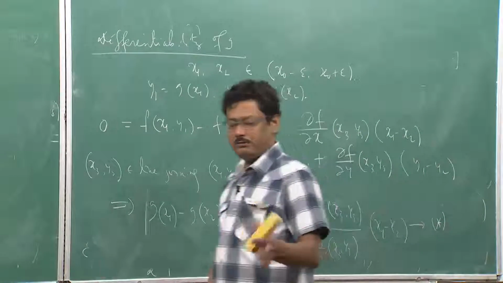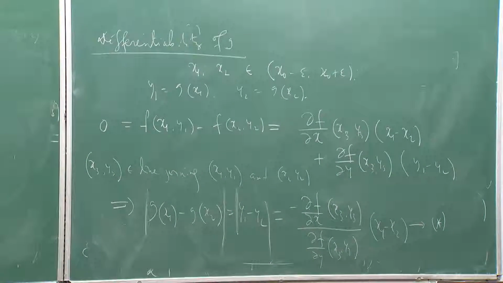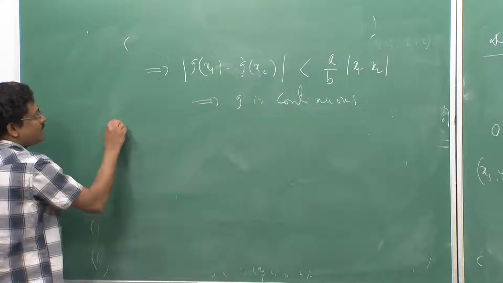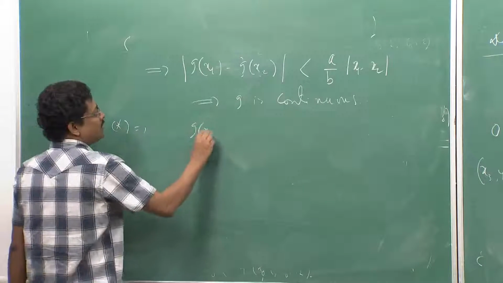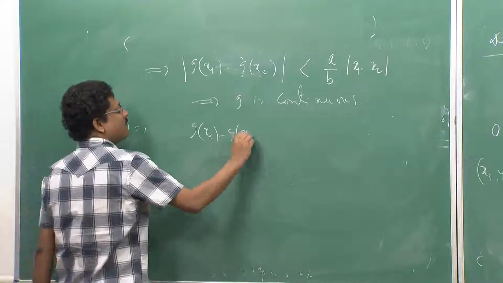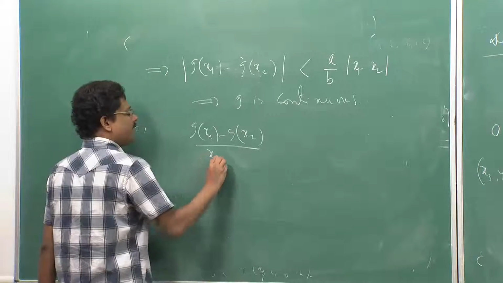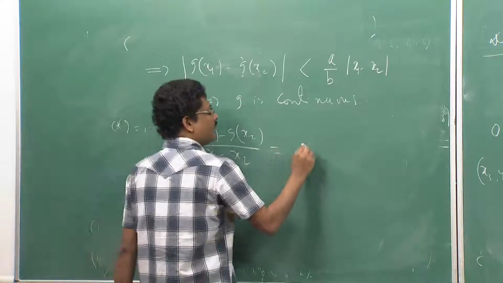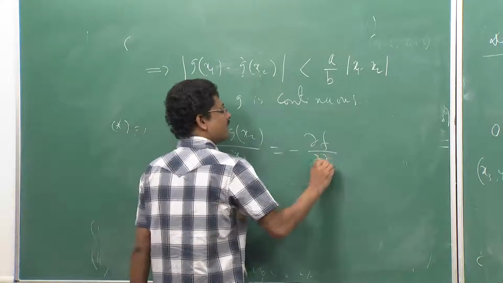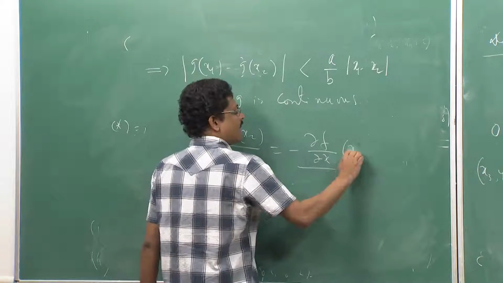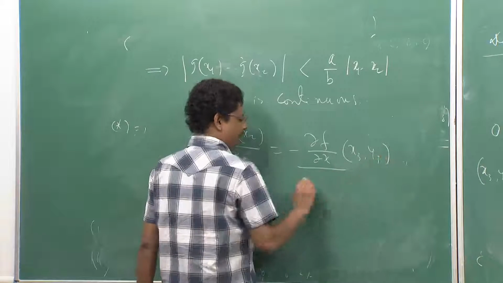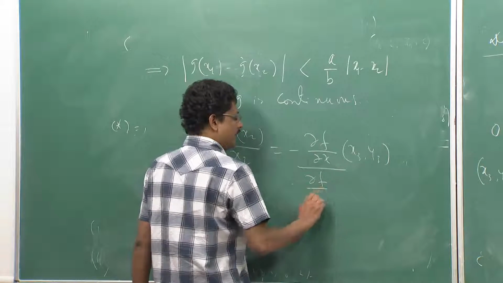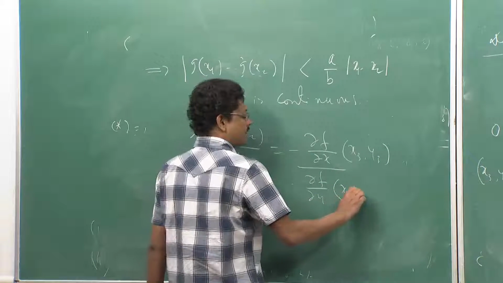And for differentiability, from star, it also implies (g(x1) − g(x2))/(x1 − x2) equals minus ∂f/∂x at (x3, y3) over ∂f/∂y at (x3, y3).